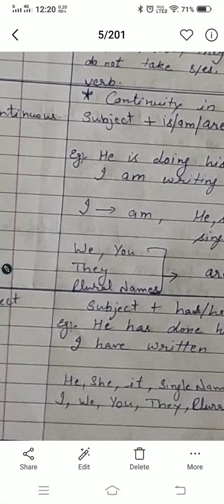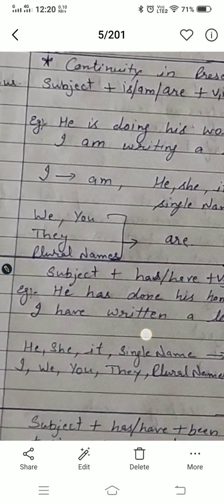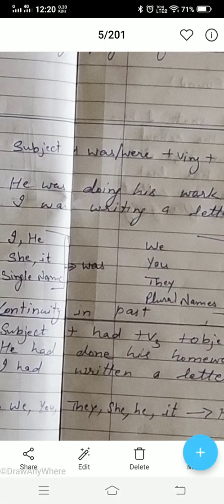So clear? Then we have past continuous tense. All things are same. Only change in helping verb. We will use was, were. Subject, helping verb, first form ing and object. Clear? He was doing his work. In the previous we have used the example he is doing his work.